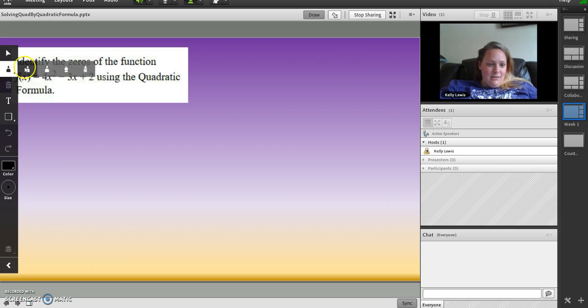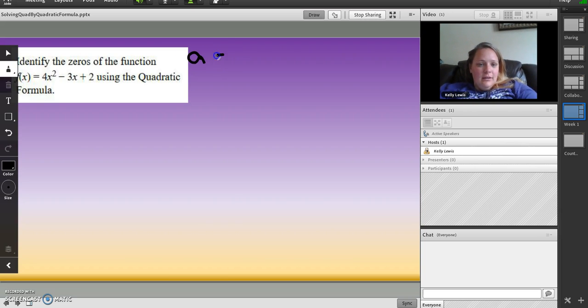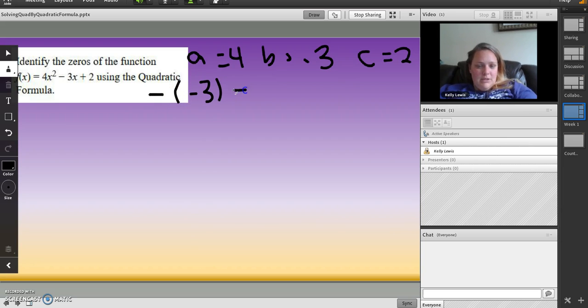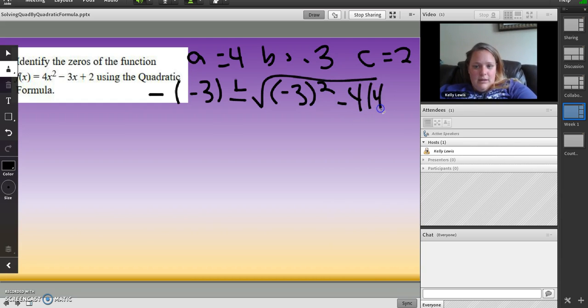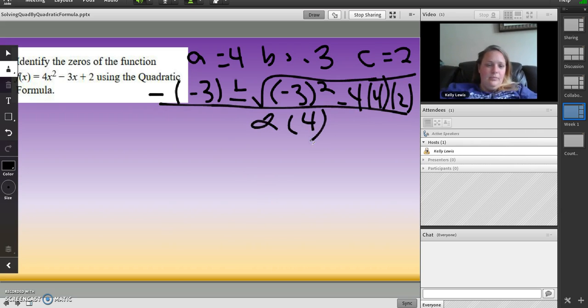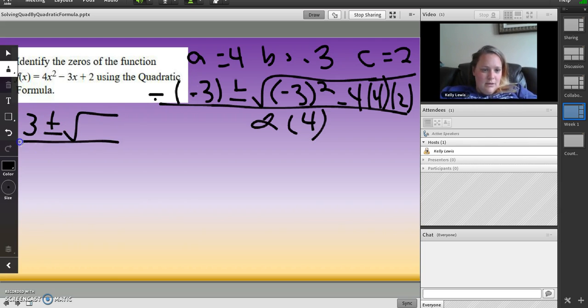Okay, so A is 4, B is negative 3, C is 2. The formula is negative b plus or minus the square root of b squared minus 4ac all over 2a. Right, negative 3 is 3 plus or minus, and 2 times 4 is 8.